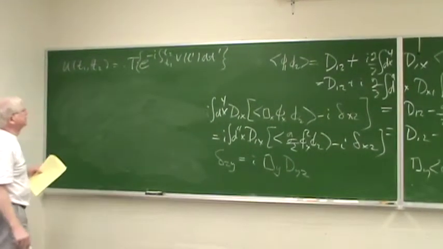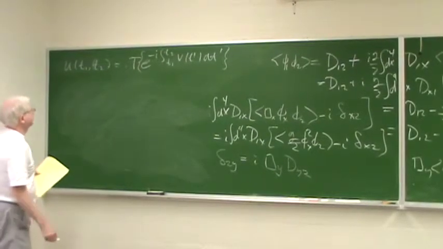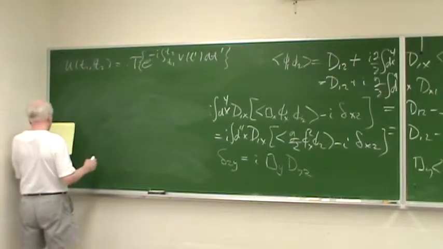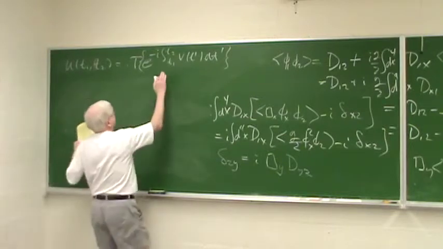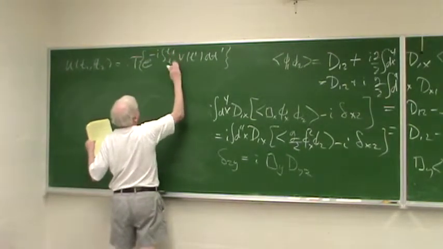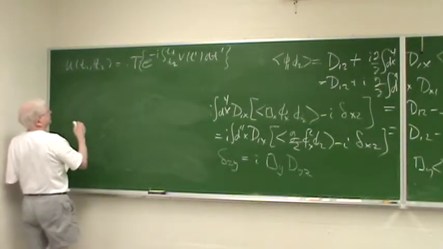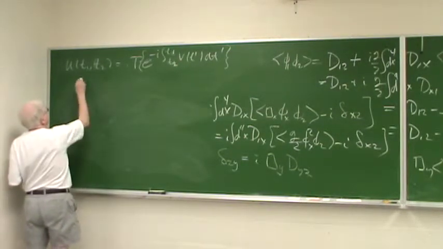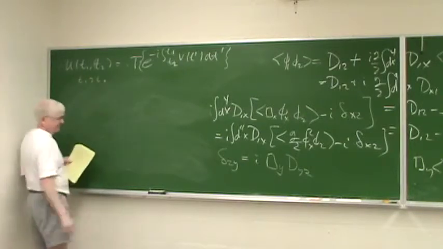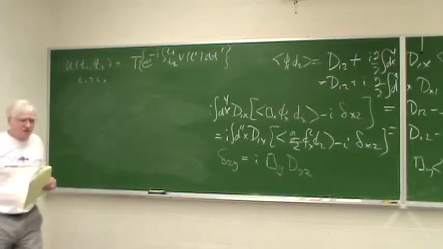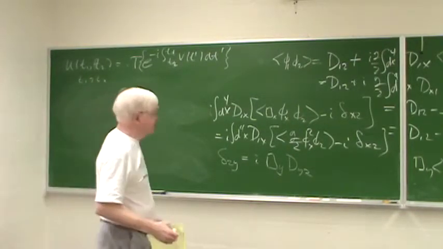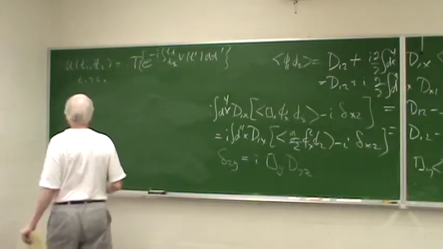Now, we're typically imagining here that t1 is greater than t2. Now, Schwartz generalizes this in a funny kind of way.